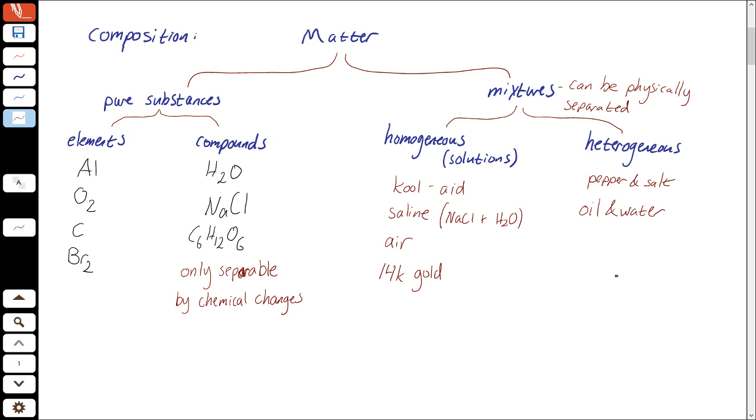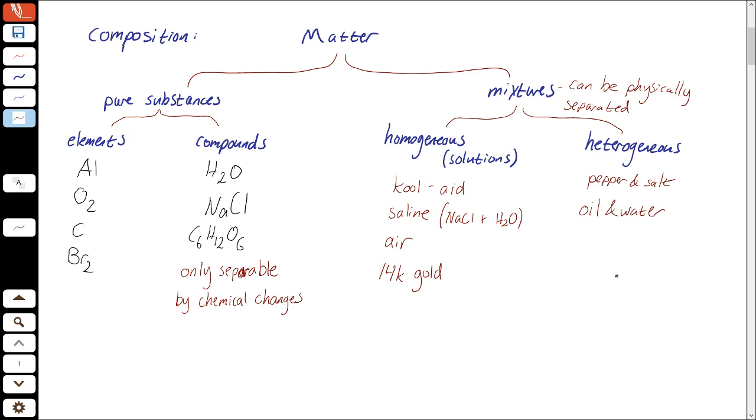A lot of people sometimes will say homogeneous mixtures are hard to separate, heterogeneous mixtures are easy to separate. That is maybe true, depending on the mixtures you pick, but that's not what actually defines those two things. You could have heterogeneous mixtures that are extremely difficult to separate, like sand in honey.